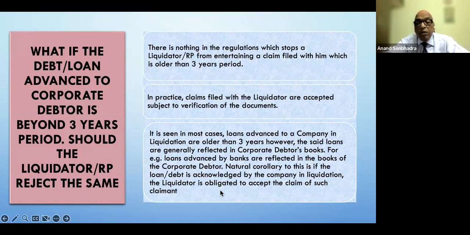So the natural corollary to this is that if the loan debt is acknowledged by the company in liquidation, the liquidator is obliged to accept the claim of such claimants. The long and short is this: the verification process, the books and matching of that is important.